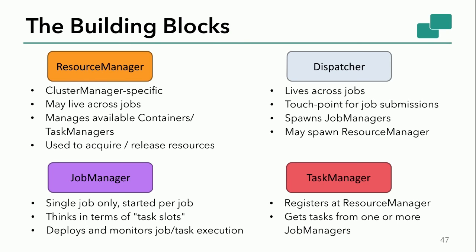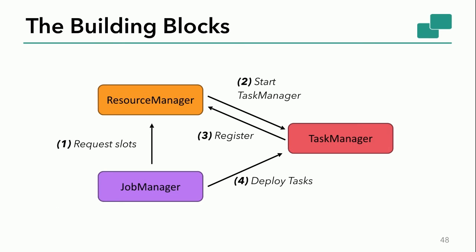And the job manager talks to the resource manager about its needs for task slots. To recap, in the simple case, the job manager requests slots from the resource manager. The resource manager knows how to start up task managers, and when they're ready, the job manager can deploy things to them.